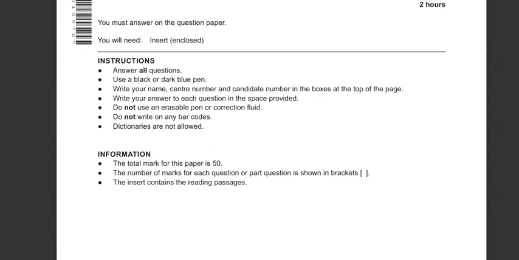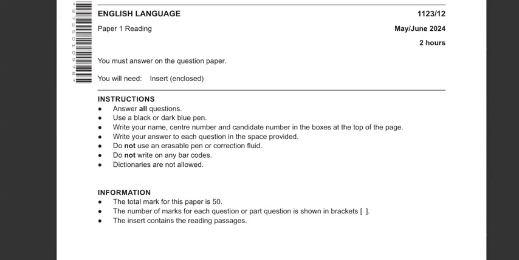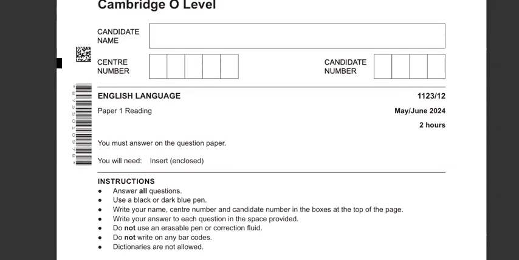The third bullet point says to write your name, centre number, and candidate number in the boxes at the top of the page. Here you can see that a space has been provided to write your candidate name, which should be as per your statement of entry. The centre number is given by your centre.